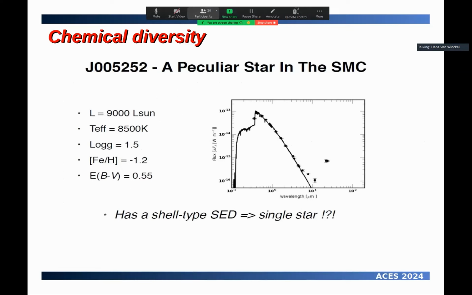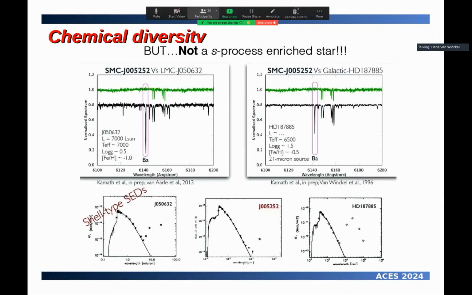This is another example. This is now a peculiar star in the SMC, so we know quite well the luminosity. It's a low metallicity, minus 1.2. The luminosity is 9,000 solar luminosities. If you look at the spectrum, the green one is the star. The lower one is a galactic object with S-process overabundances.